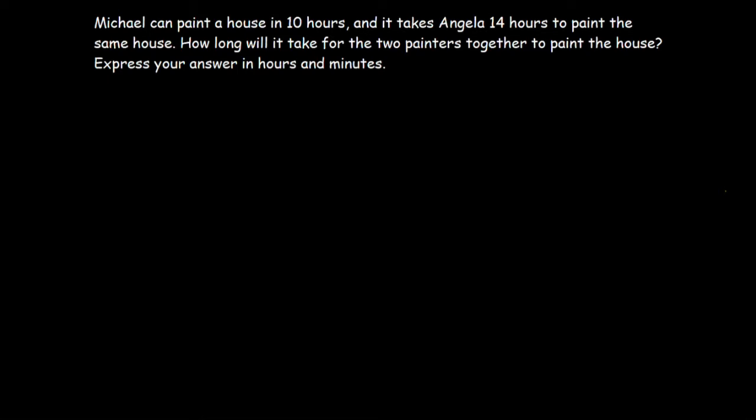So let's first look at the clues and the information we're given in the problem. We're given that we have 2 painters. We have Michael, and we have the other painter, Angela. And we're given that one of the painters, Michael, can paint a house in 10 hours.